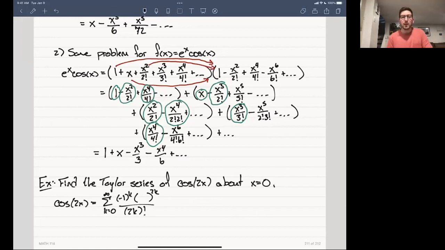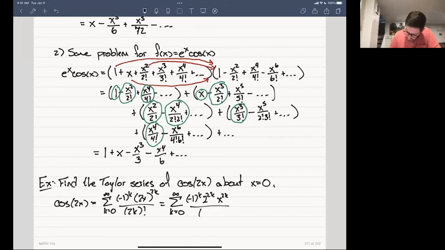But now you're replacing all x's with a 2x. It's just a composition of functions. And so this is going to give me the sum from k equal to 0 to infinity of minus 1 to the k, 2 to the 2k times x to the 2k divided by 2k factorial. Sorry, the factorial goes on the outside.